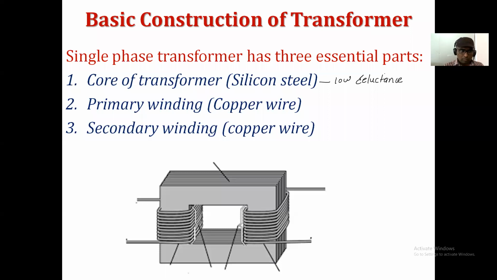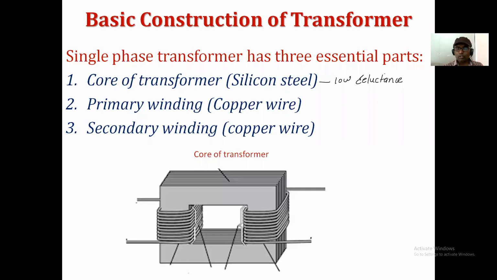Here, the main part of the transformer is the core, which is made up of silicon steel, and the two windings. How can you identify which one is primary and which one is secondary? It is based on the winding which accepts the energy, the winding which is connected to the supply.